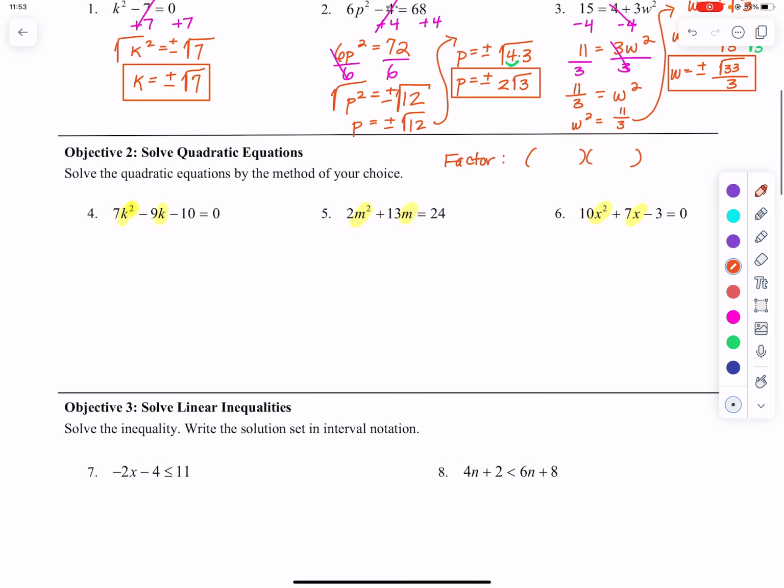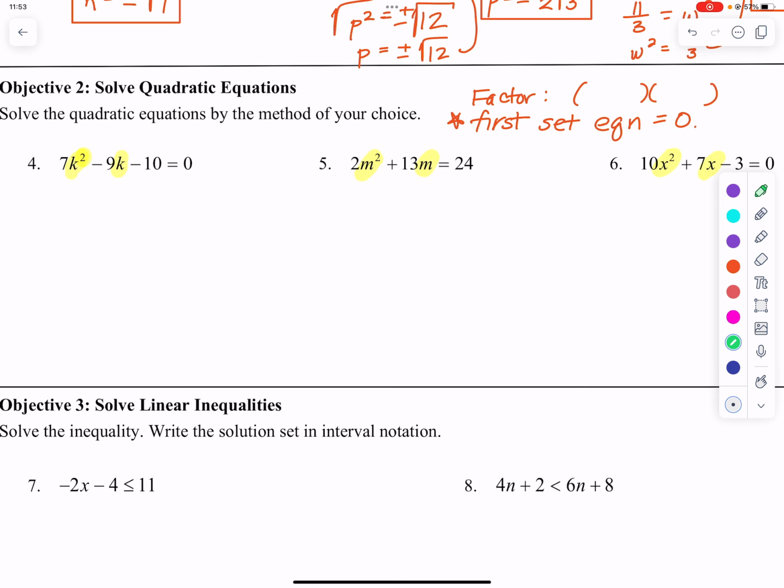We will come up with two binomials, each one of these. So first, we need to set the equation equal to 0. So all terms have to be on one side of the equation. So let's go ahead and see that we're ready to go with this one.